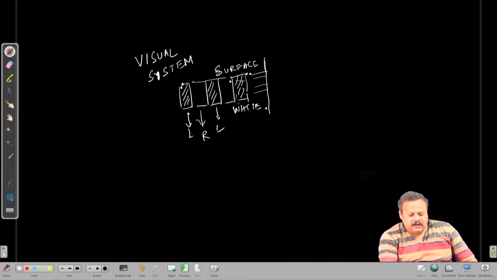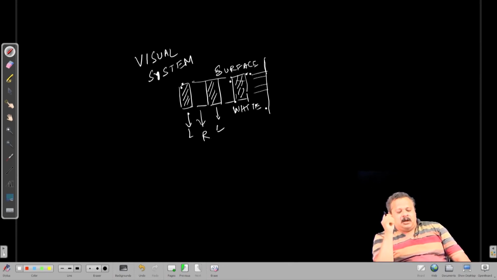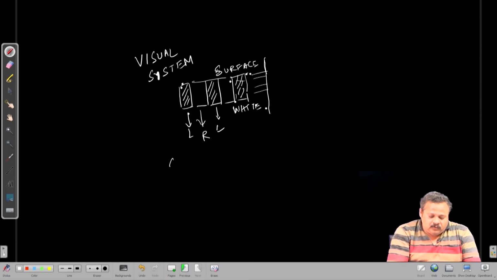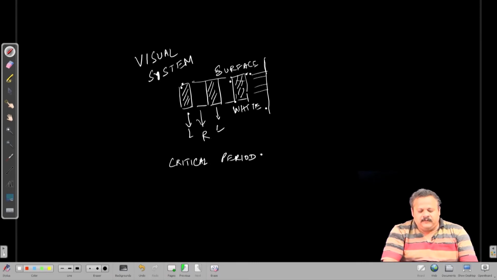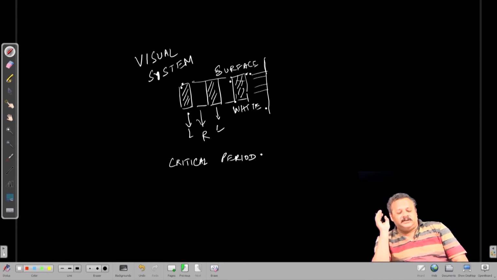So, in the normal case we get these ocular dominance columns where the neurons are majorly representing one of the eye inputs, and they alternate. If during that critical period we do an eye suture, that is, one particular eye is devoid of any stimulation, then these ocular dominance columns do not form in the adult.